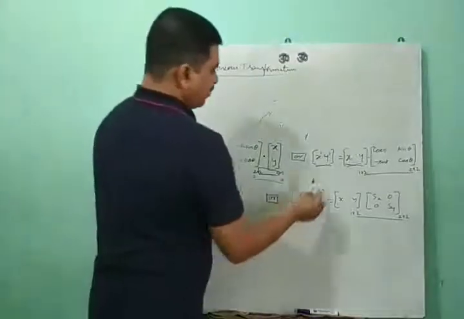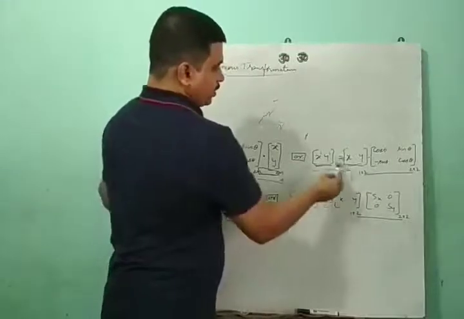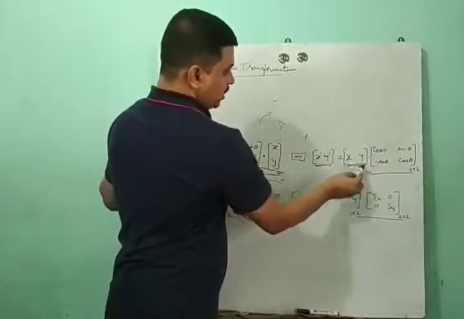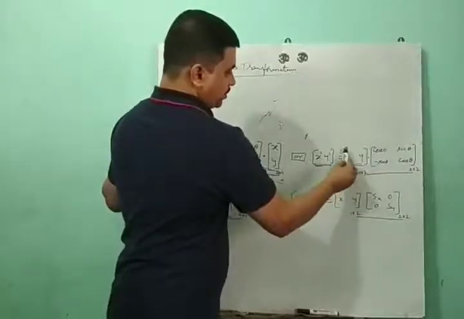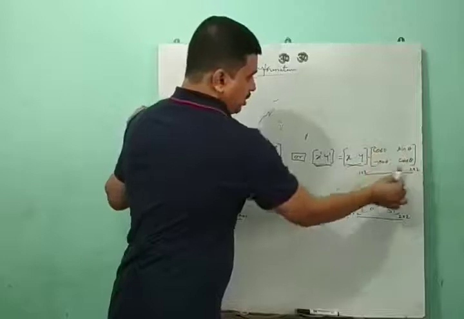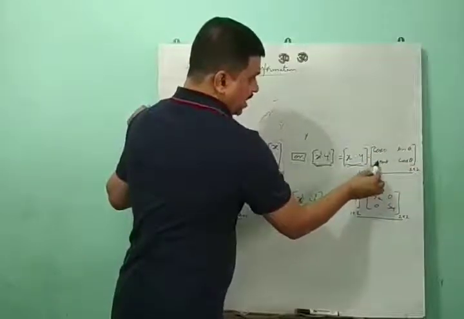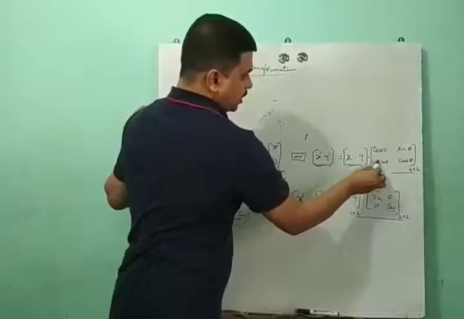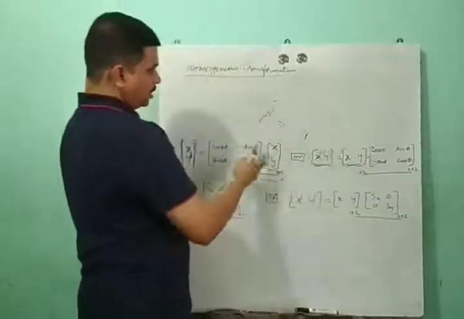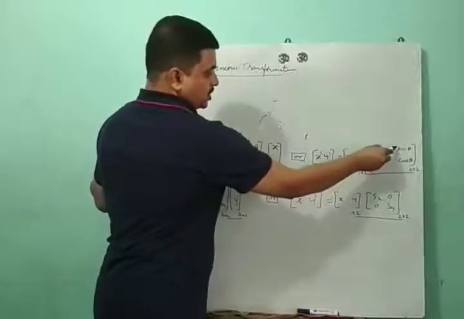Observe here, it is represented in row matrix, that is x comma y is equal to the initial point x comma y, represented in row matrix, multiplied by the transformation matrix. Here it is cos theta, sin theta, minus sin theta, cos theta. Just observe here, when you interchange the positions, the minus sign comes here instead of this.